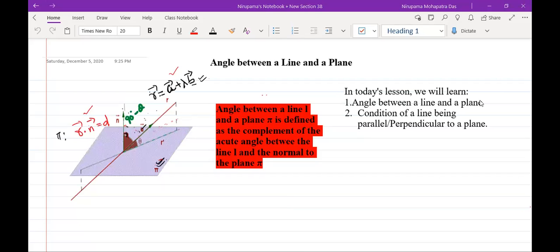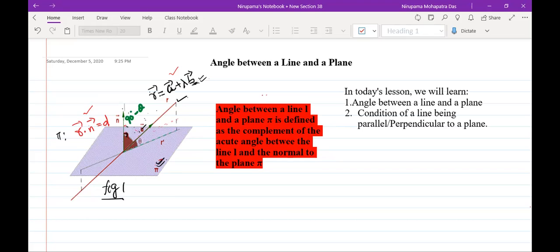So see here, angle between a line and a plane. You can clearly see the figure, I can write it as figure 1. Here we are given a line, r vector equal to a vector plus lambda b vector, which means the line passes through a point whose position vector is a vector, and it is parallel to the vector b.